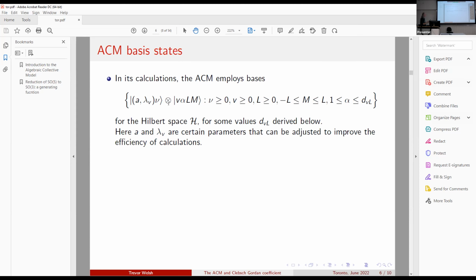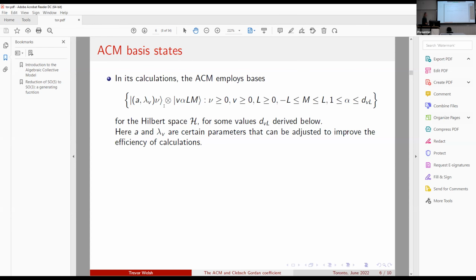Nu is like the standard harmonic oscillator label, which ranges from 0, 1, 2, etc. And here we have a couple of parameters for those harmonic oscillator states, which I'll mention later on.